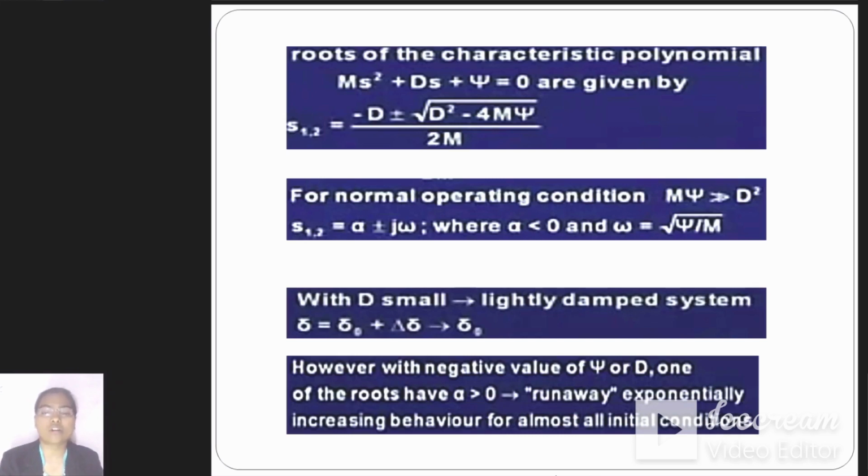Such a condition is called a runaway condition, an exponentially increasing behavior. What is a runaway condition? It is the exponentially increasing behavior for almost all initial conditions. Whatever initial condition you take, the oscillations exponentially build up, and at a certain point of time your δ moves out of the permissible limit and makes the synchronous generator lose its synchronism with the other generators.